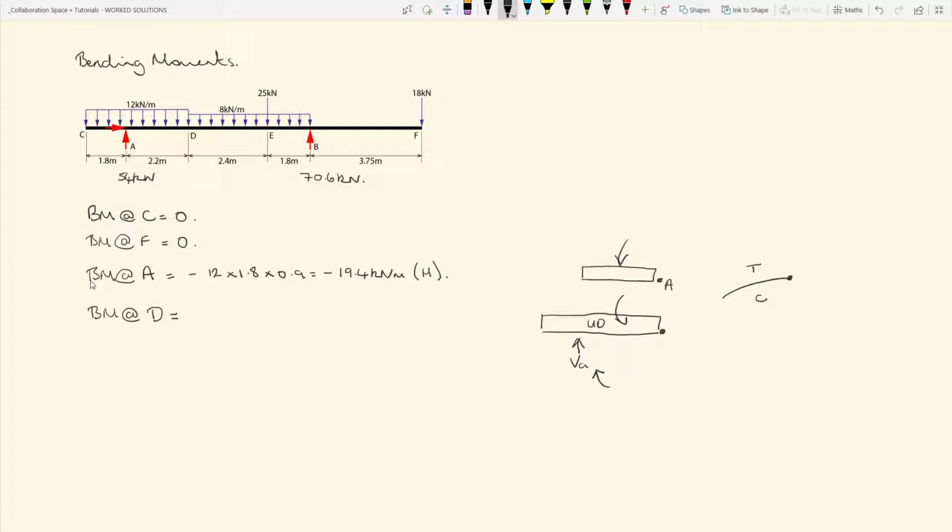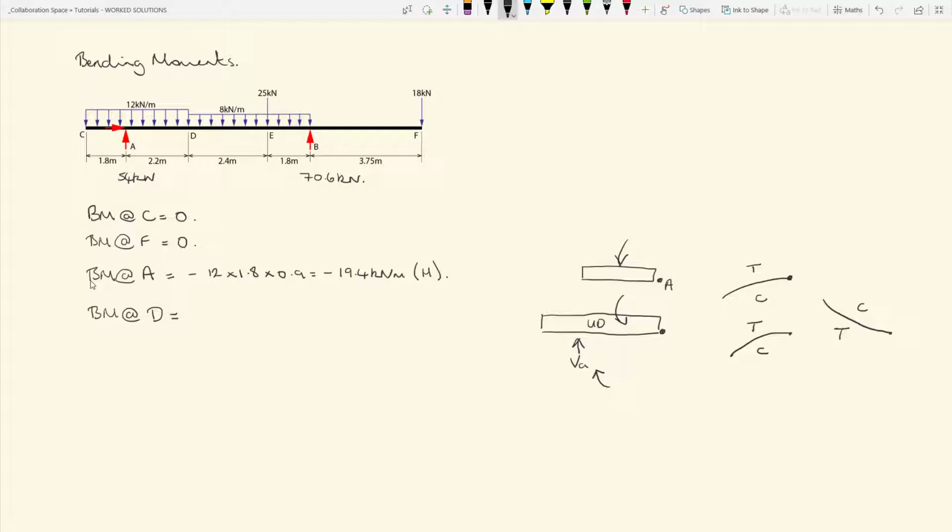So let's consider the UD load first of all. It is acting anti-clockwise. So again, in terms of bending in the beam, it's going to try and bend it down so we have tension in the top, compression in the bottom. If we then think about the vertical reaction at A, that is going to try and bend the beam up. So that's going to act in the opposite direction. That's going to give tension in the bottom and compression in the top.